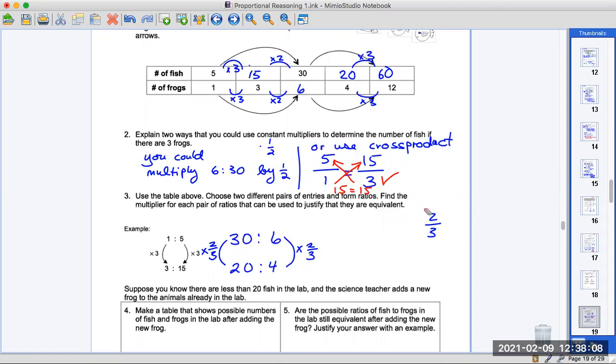The multiplier is 0.66. Why did I not say, oh, I'll just use 0.66 and round it to 0.67? Why did I not do that? I can, but why not? What's the reason I changed it to the fraction form and not the decimal form?